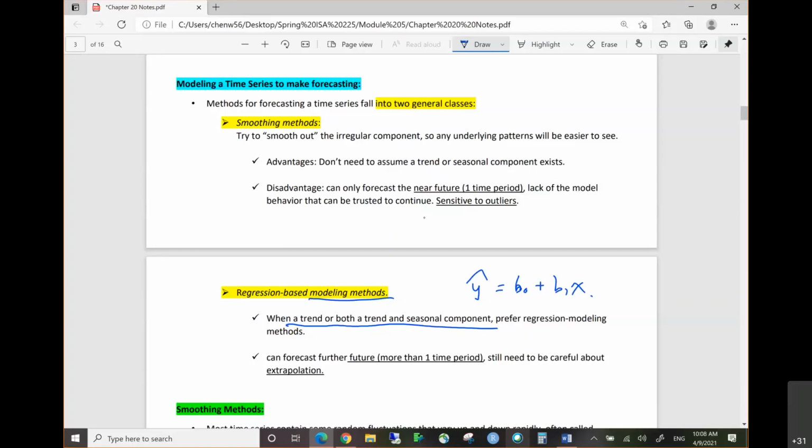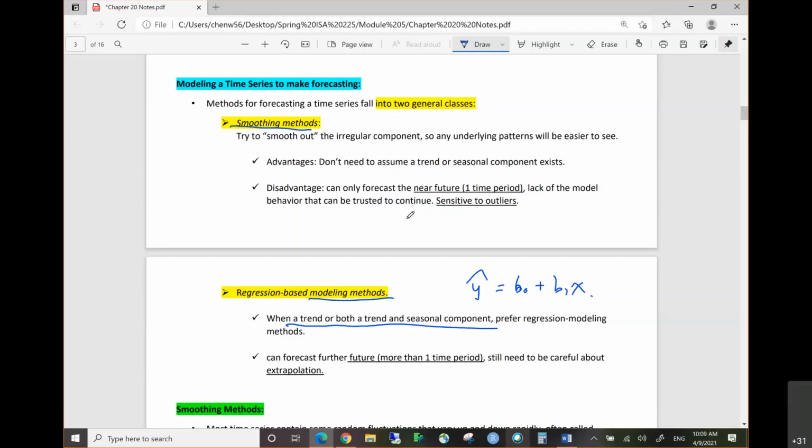If a time series has no trend component and no seasonal component, it is just a random time series. Then the smoothing method is preferred, because the modeling method cannot handle this case.